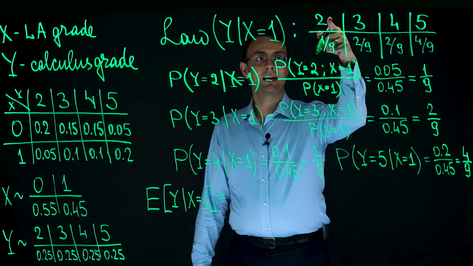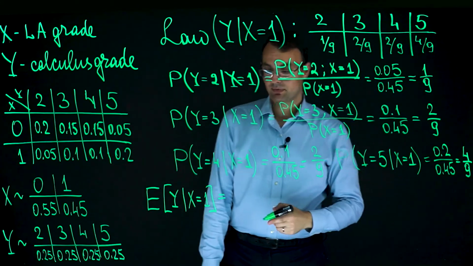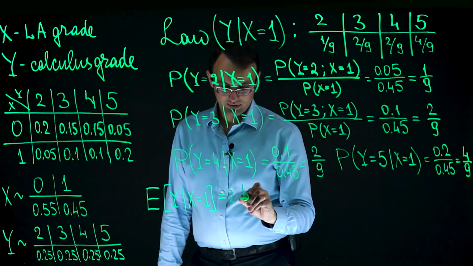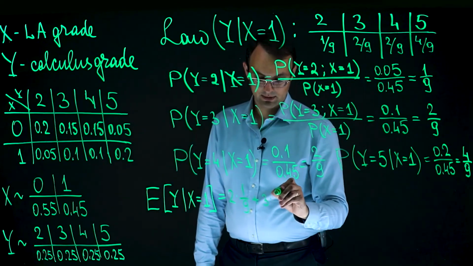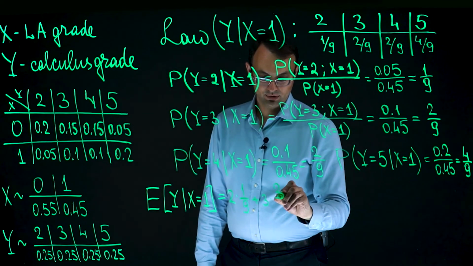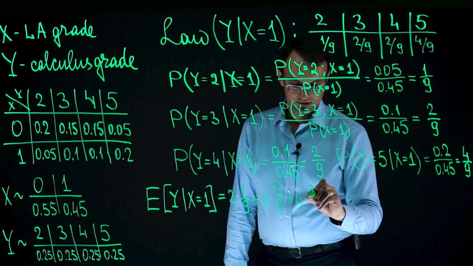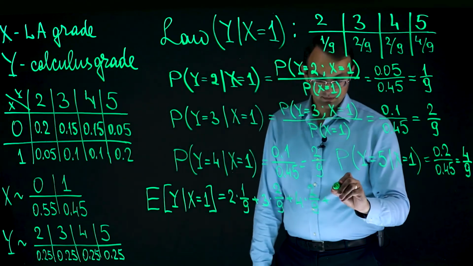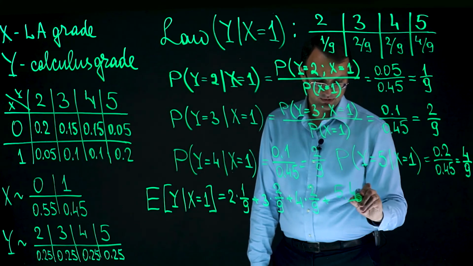So we multiply each value by its probability and add these products. So this is 2 times 1 over 9 plus 3 times 2 over 9 plus 4 times 2 over 9 plus 5 times 4 over 9.